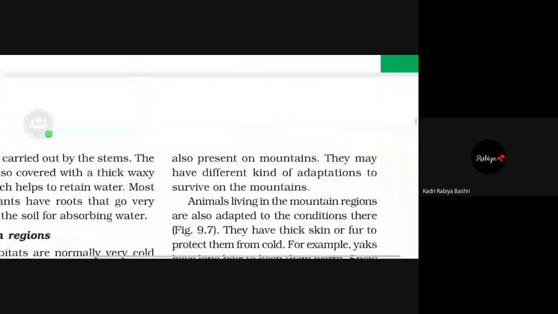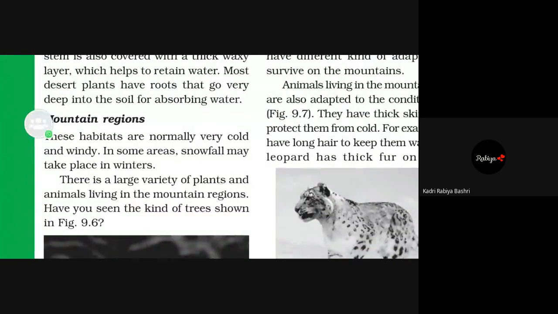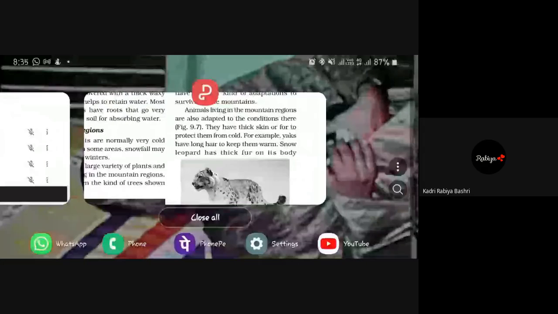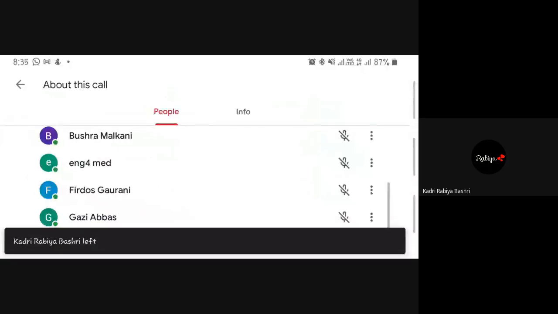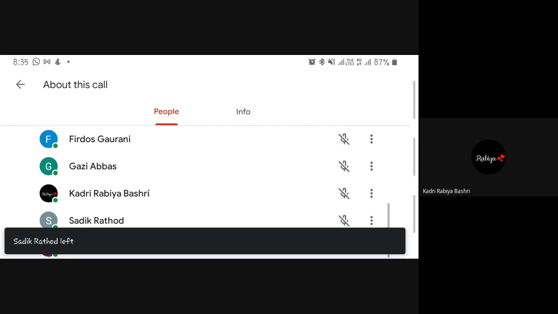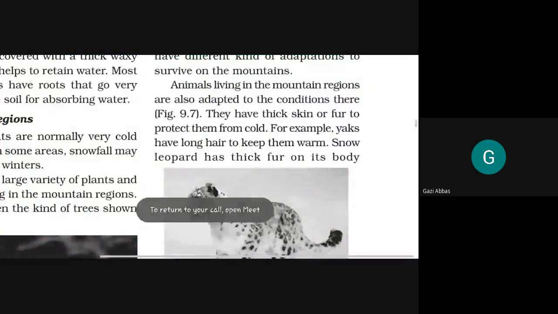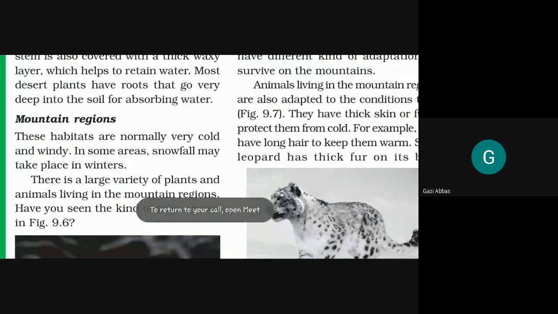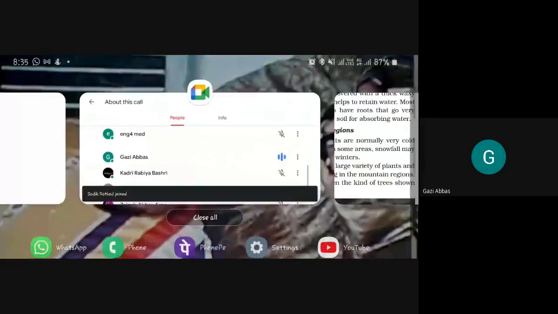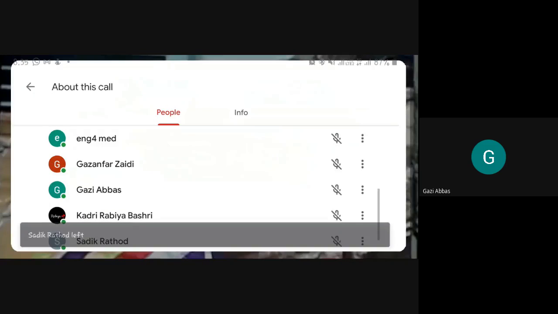Now mountain region. Can you read it for me, please? Now I will call a new voice. Who will read? Firdaus, Ghazi Abbas, who will read? Yes, ma'am. Kanani Fatima. Okay. I want Sadiq Rathor.